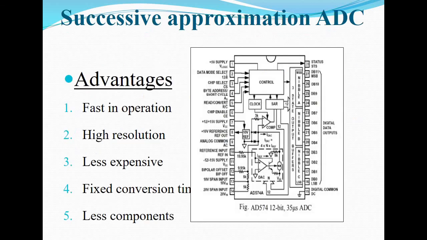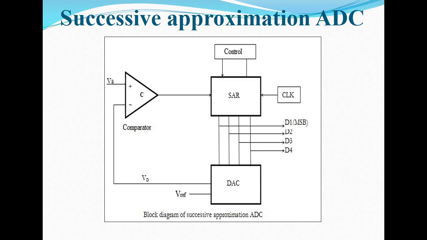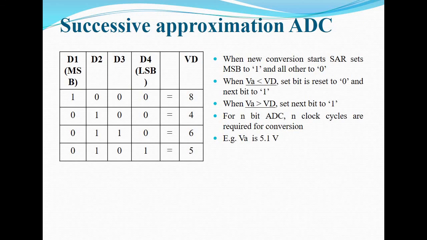Now the value of VD is 6 and VA is 5.1. Now VA is less than VD, so the first condition applies: the set bit is reset to 0.